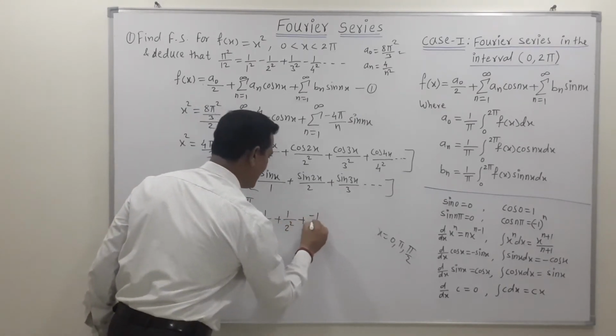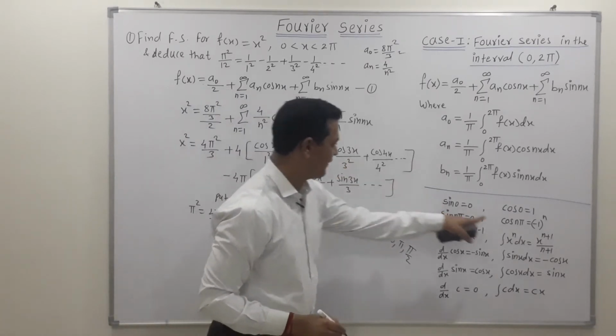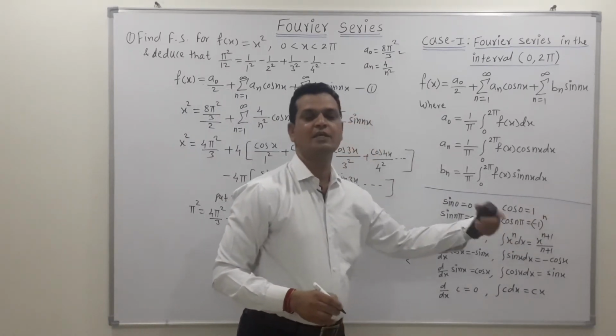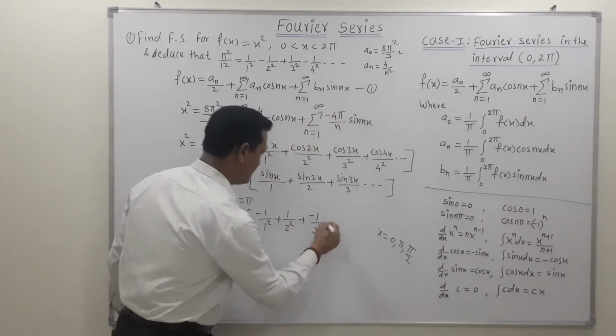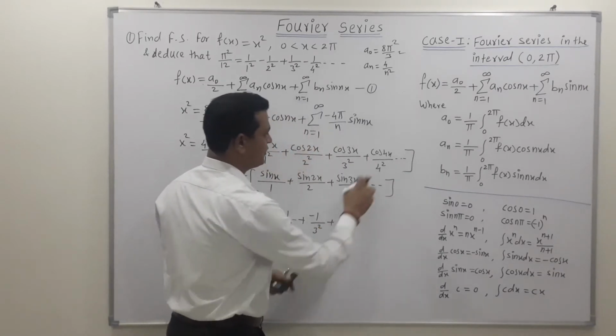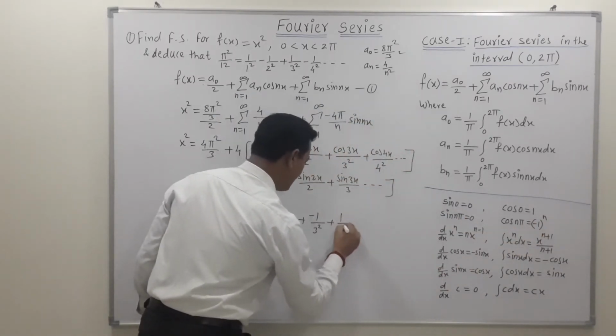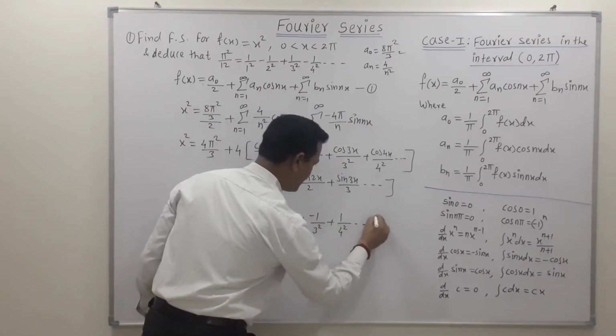Then minus 1 upon 3 square, because here the value of n is 3, minus 1 raised to 3 is an odd power, so the answer is minus. So the next term is plus. Next put n is equal to 4 here, we get an even power, which is 1 upon 4 square and so on.